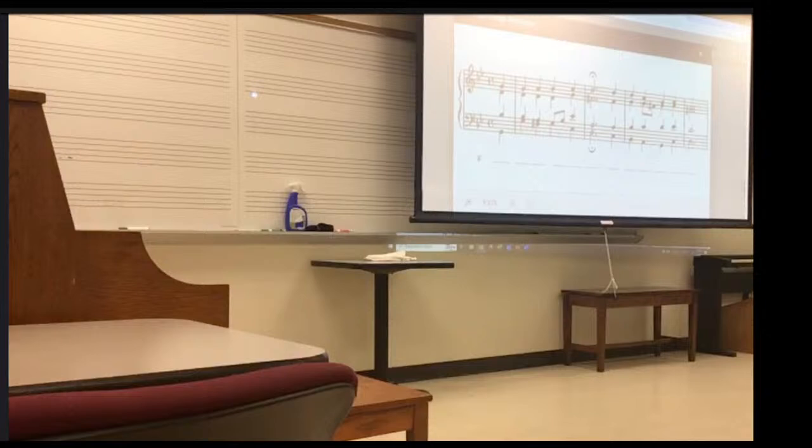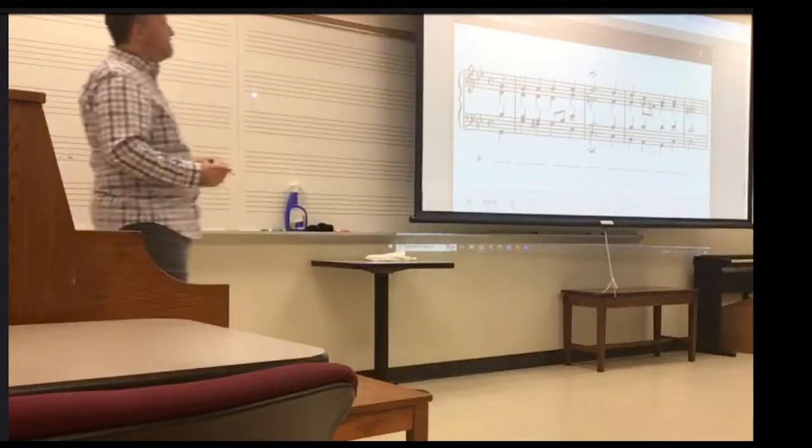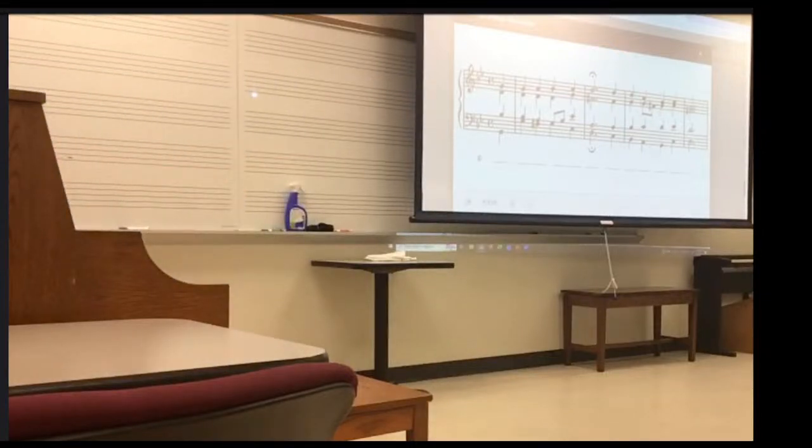That looks like root position. D is my root. What scale degree is D in the key of G minor? Good, 5. And what type of chord is this? Major. Major 5 chord. The F sharp though is in the bass, not the D. So what's the bass position symbol? 6.